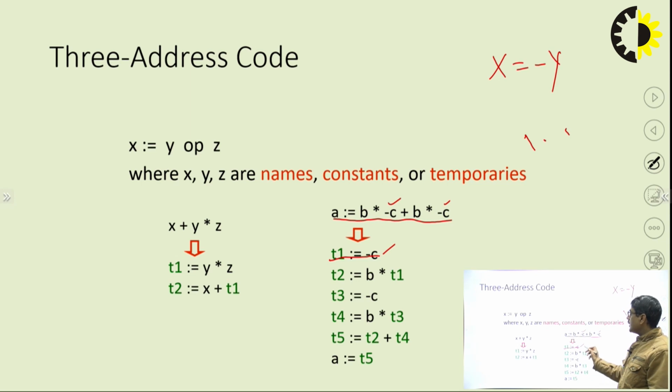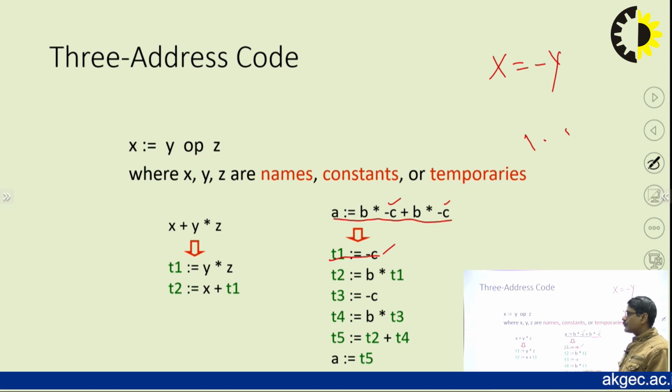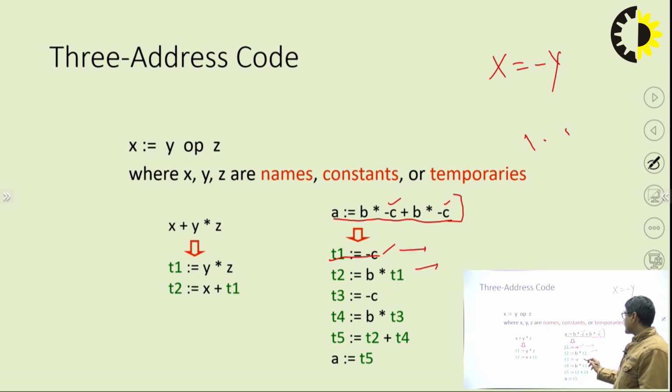If you convert code into this form, it will be easy to calculate the expression using registers at the hardware level. That is the purpose of converting a larger expression into three address code, because only basic operations are required, or mostly two registers are required for performing these operations.